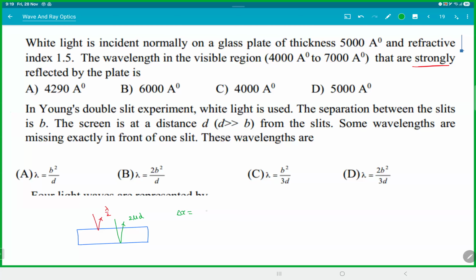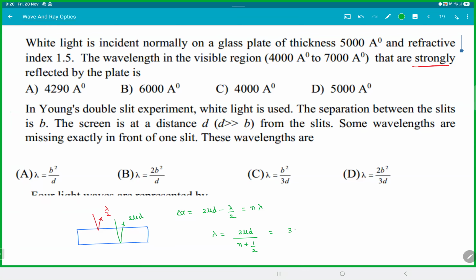So path difference will be 2 mu d minus lambda by 2. This must be n lambda for strong reflection. So lambda will be 2 mu d by n plus half. Mu is 1.5, that's 3 by 2, so 3.